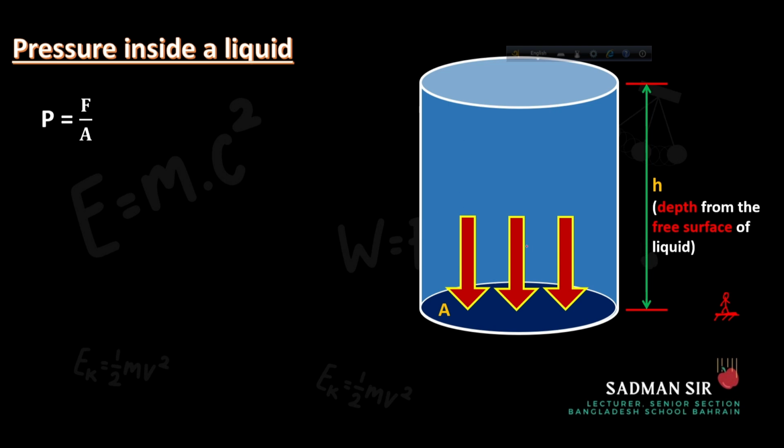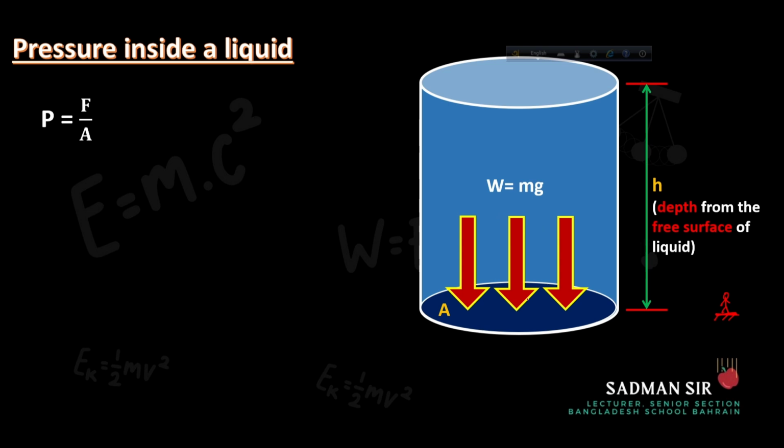So like that, can we consider that this bottom surface is the ground, and on the ground this water is standing? So definitely this will exert a force on the bottom surface that is equal to the weight of this liquid. Okay, so here the force can be written equal to the weight of the liquid, correct? Now what is the equation to calculate the weight?